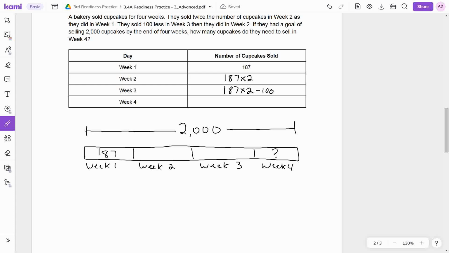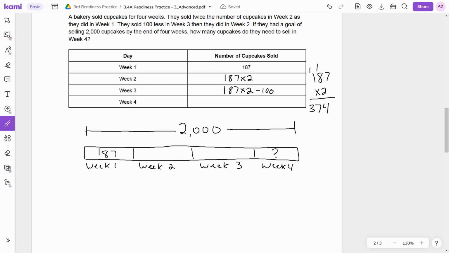Okay, so week 2 is 187 times 2, because that's what twice means. It means multiply by 2. So I can either multiply by 2 or I can add 187 plus 187. That also works. So that's going to be 14, it's going to be 16, that's going to be 17, and then that is going to be 3.